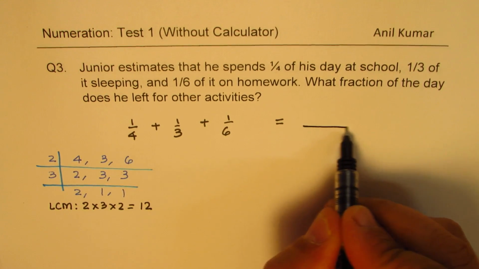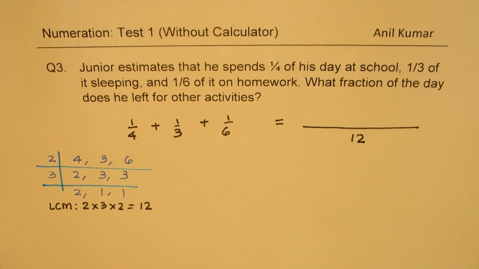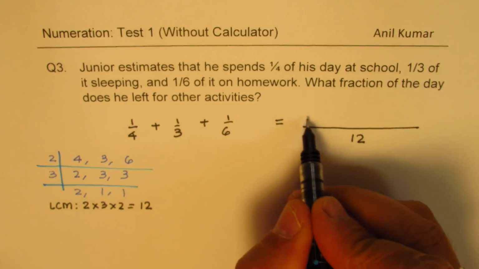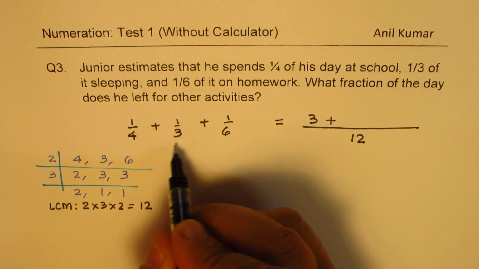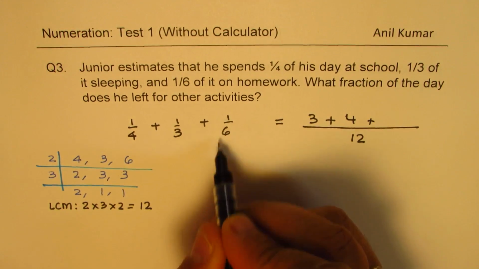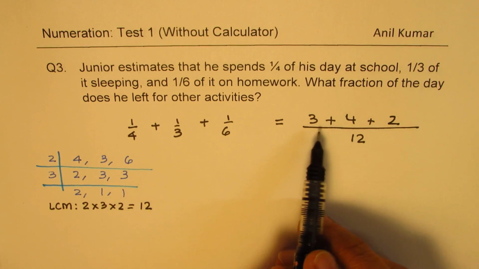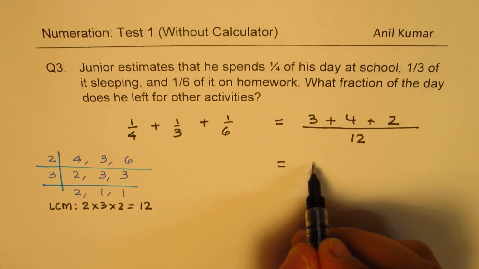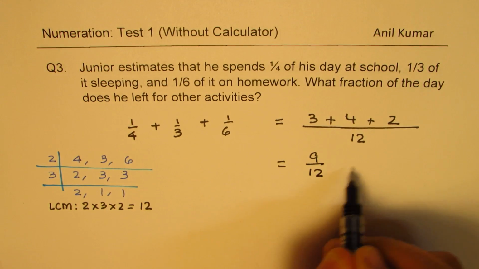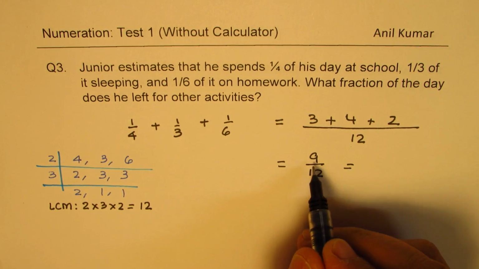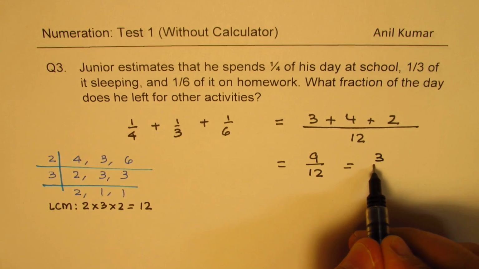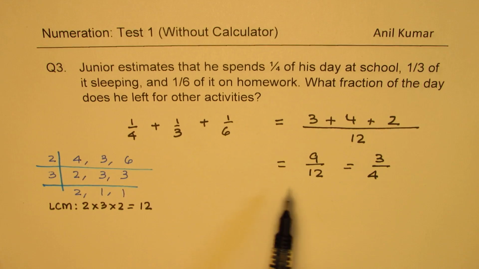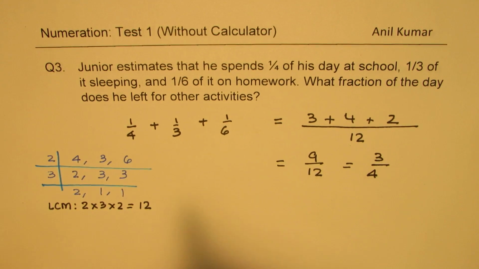You get the idea. So we get 12 as our common denominator. To make this 12, we have to multiply by 3. So we get 3 here, plus we have to multiply this by 4 and this by 2. So the numerator will be 3 plus 4 plus 2, which is equal to 7 plus 2, 9, 9 over 12. Now this can be simplified. Dividing both by 3, we can write this as 3 over 4. Is that clear to you? So that is the work, right? So total work.